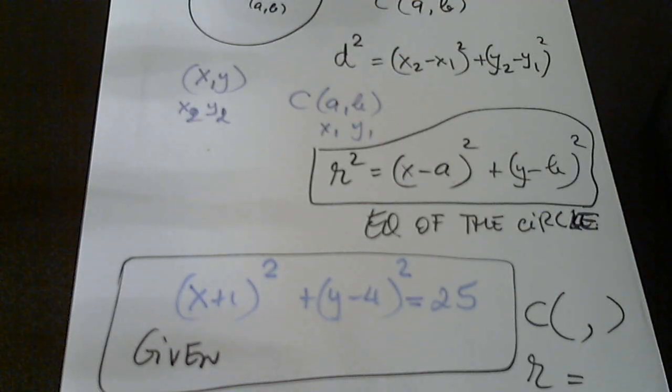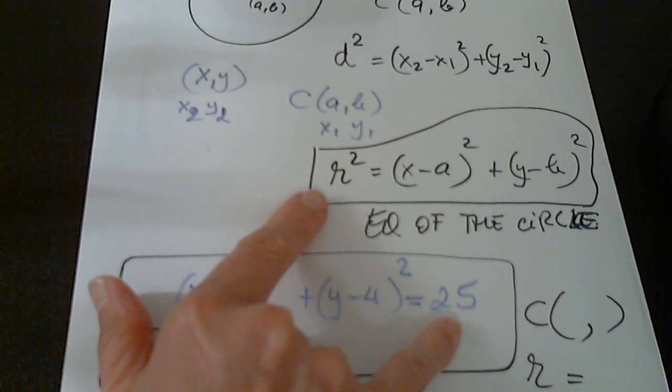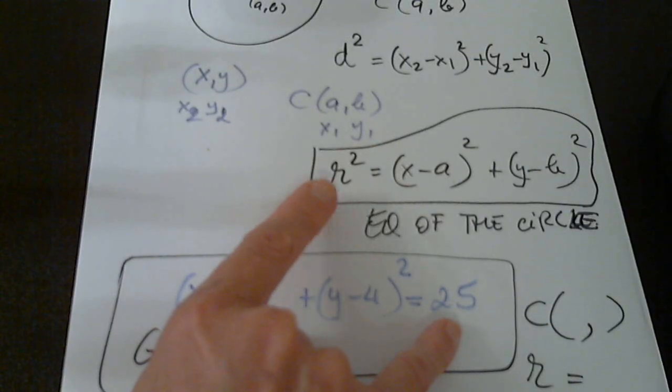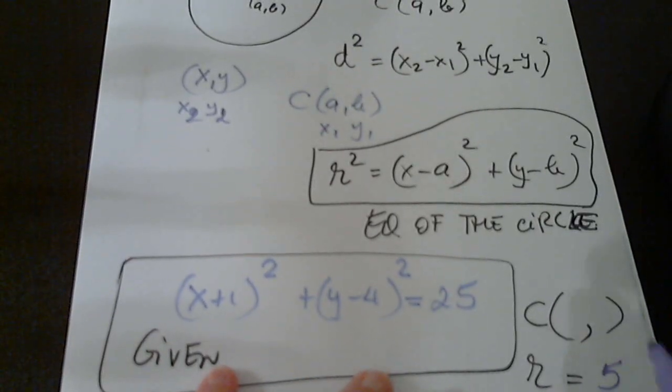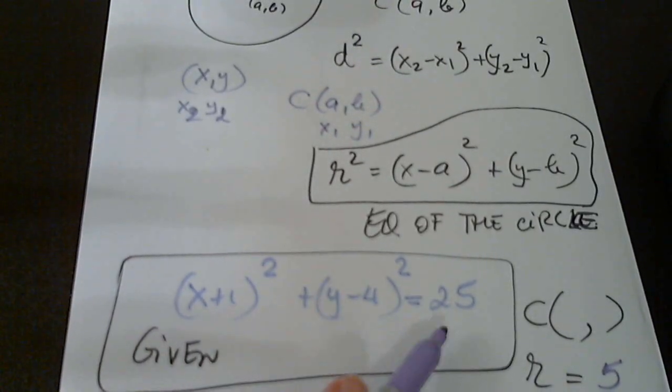Let's start with the easy part. Can you identify the radius? Anyone? 5 squared. Say it again. 5 squared. So the radius is just 5. Correct. Just 5. Because when I square it, I get 25.